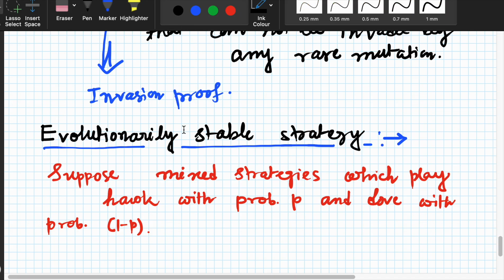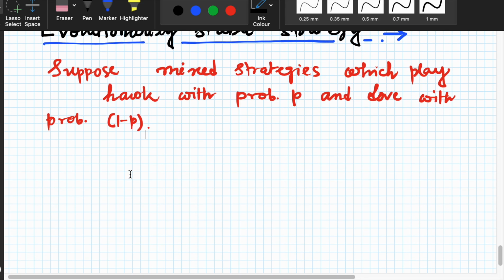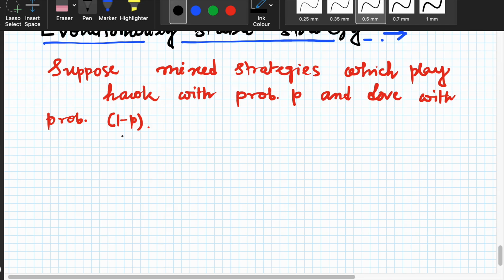Now suppose a slight mutation came into the population, a very small fraction of mutation. Suppose epsilon fraction of mutation came into the population.